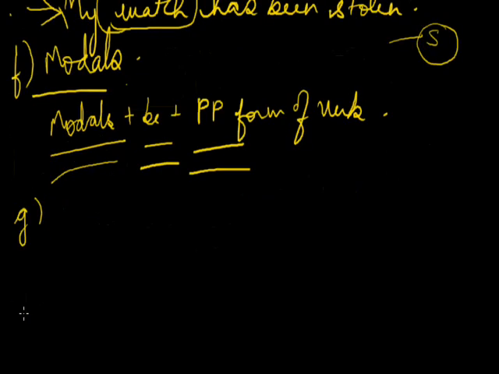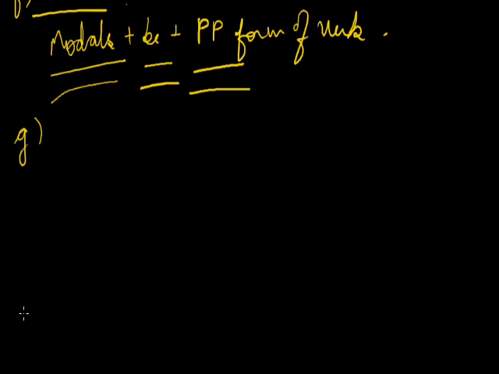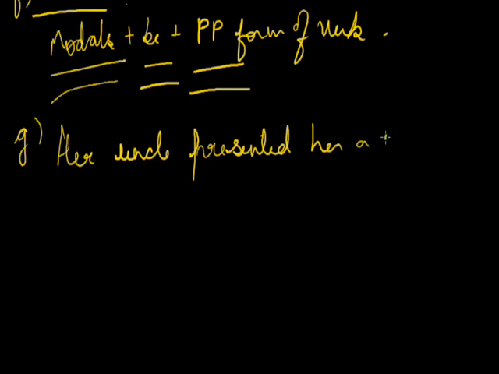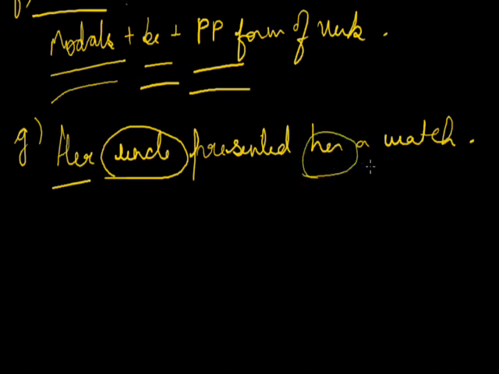Next, verbs with two objects take these two forms in passive sentences. In some sentences we have two objects. Take an example: "Her uncle presented her a watch." Here the subject is uncle, the object is her, and the second object is watch.